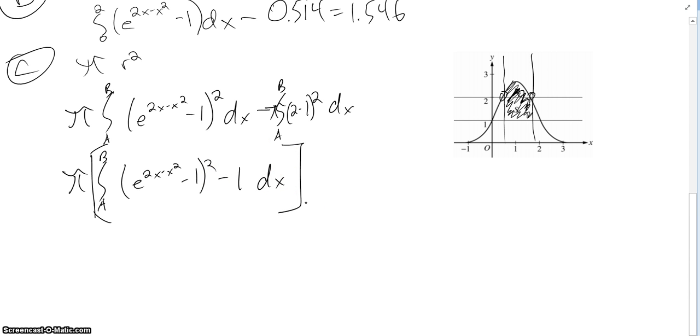So that's the simplest way to put it. It all just comes from this pi r squared, pretty much.